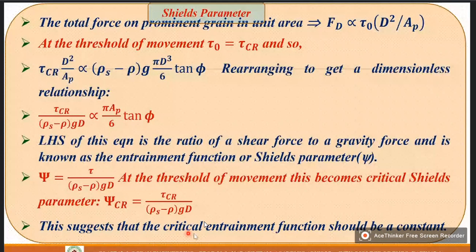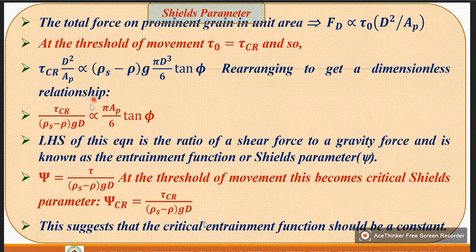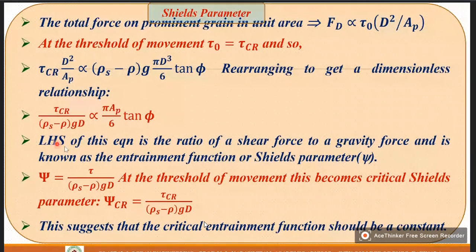So this suggests that the critical entrainment function, if you look at this, is a constant. A_p is the area and phi is the angle of repose. So the value of the critical entrainment function is proportional to this, and therefore it must be a constant. For a given bed, it will not depend upon the flow parameters.